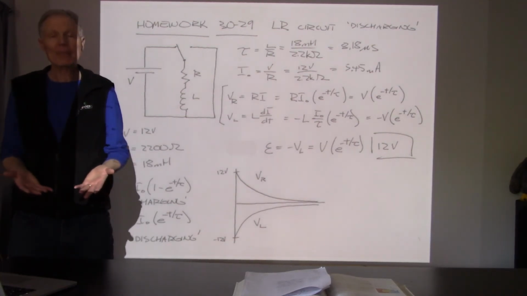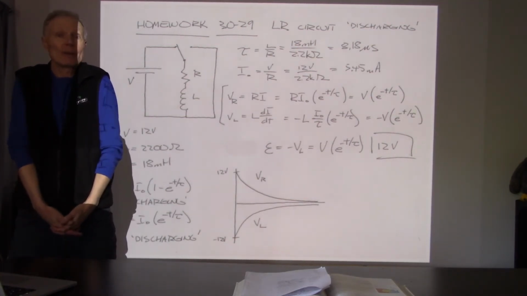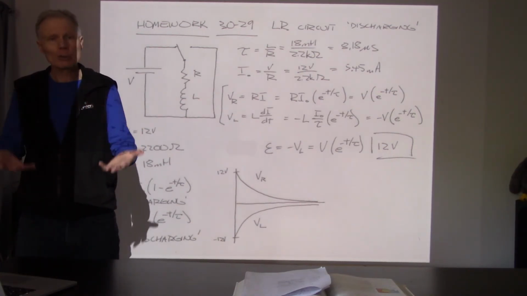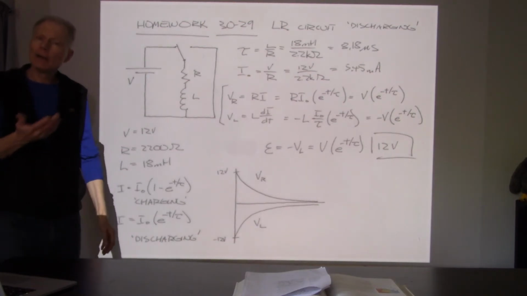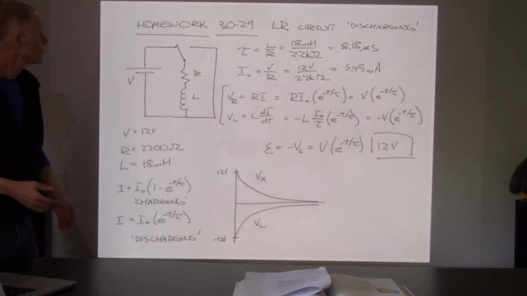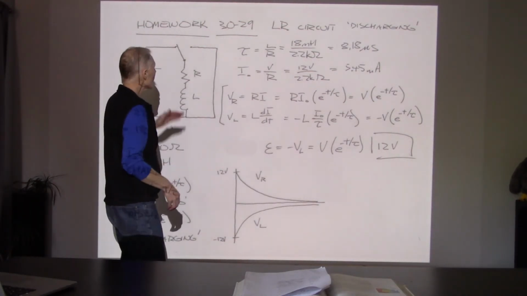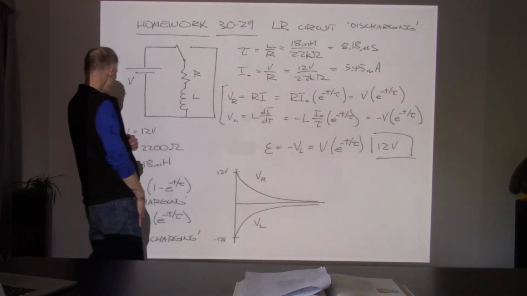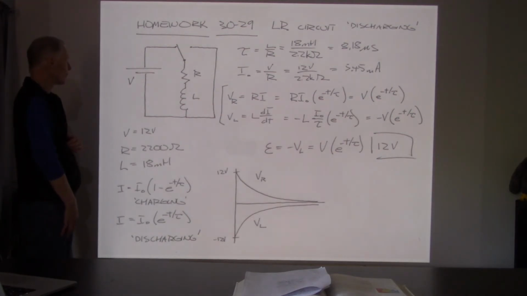And that meant we had the energy stored, and we could wait around. We could go off, have lunch or something, and come back, and the energy was still stored in the capacitor. With the inductors, that's not going to happen. With the inductors, the energy that we have in an inductor is going to depend on the current.